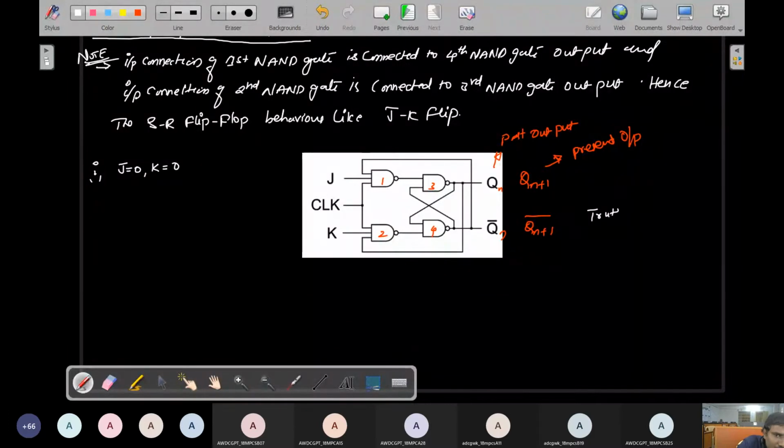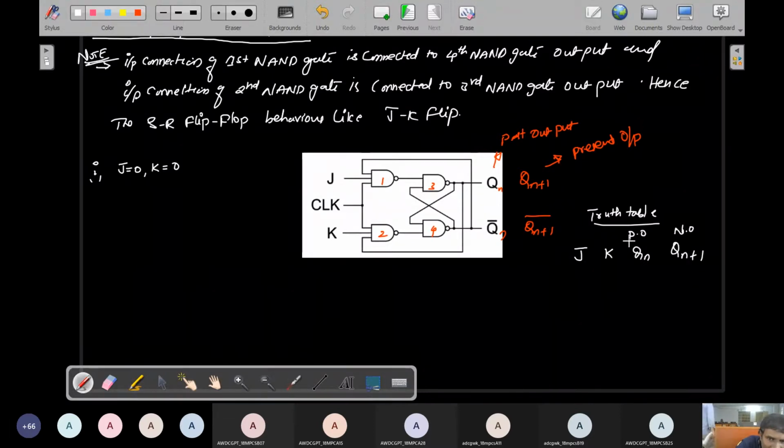See, the truth table is nothing but J, K, Qn and Qn plus 1. This is the past output and this is the next output. Otherwise present output and next output, you can consider it in any manner, no problem.